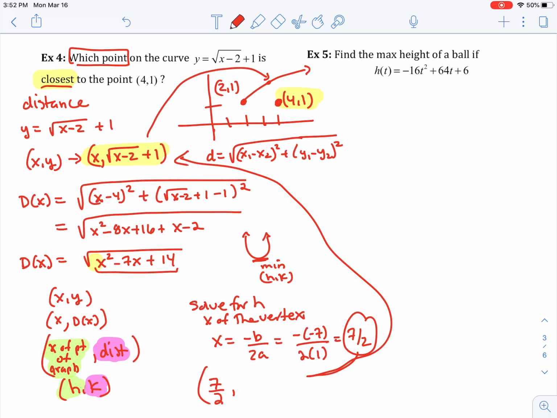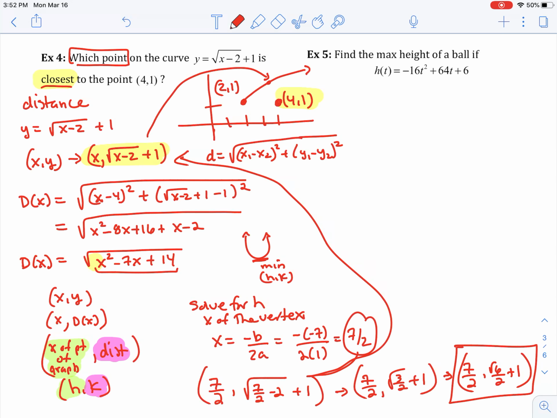So if we take our 7/2 and we plug it into our point, we get the square root of 7/2 minus 2 plus 1, or 7/2 minus 4/2 is what, the square root of 3/2 plus 1, or if we want to rationalize our denominator, that would be root 6 over 2 plus 1 for the corresponding y value.